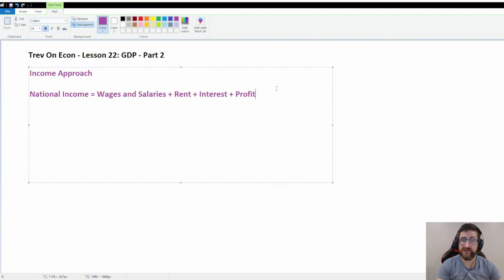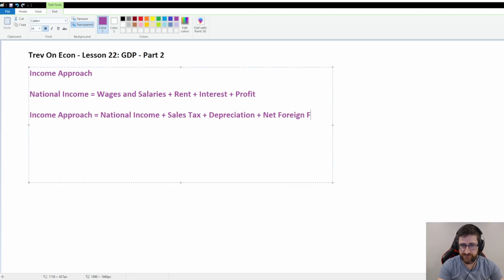However, on top of this national income, which is made up of all these different incomes, there's more things to include. So in general, the income approach is equal to national income, which we just defined above, plus sales tax, plus depreciation, plus net foreign factors. Okay.